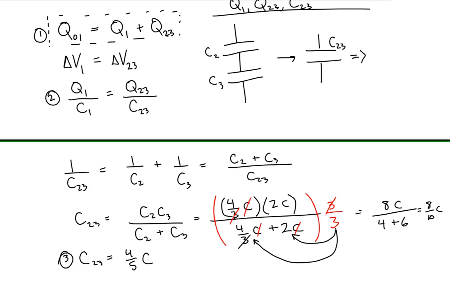Equation 1, which has Q1 and Q2, 3. Equation 2, which has Q1 and Q2, 3 and C2, 3. And equation 3. 3 equations, 3 unknowns. We found one of those unknowns. We should be able to find the charge on Q1 if we want, or find the charge on Q2, 3 if we want. Either way.